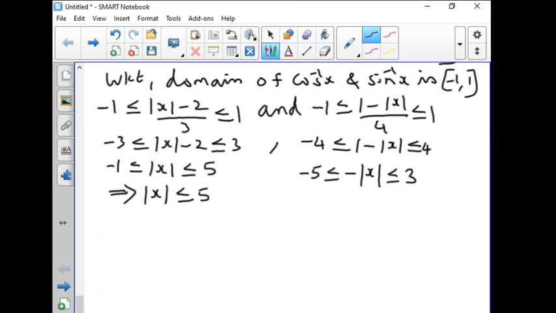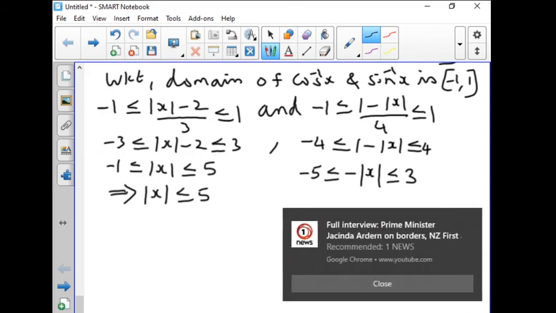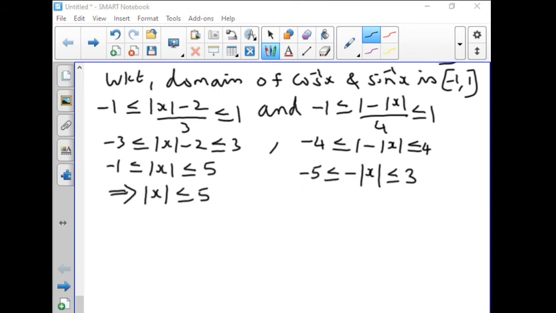And here multiply throughout by minus to remove this minus from modulus. What we get? 5 greater than or equal to modulus of x greater than or equal to minus 3.